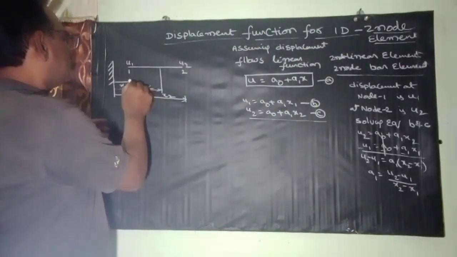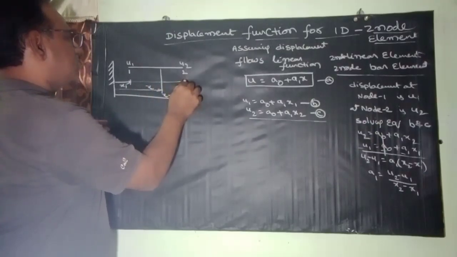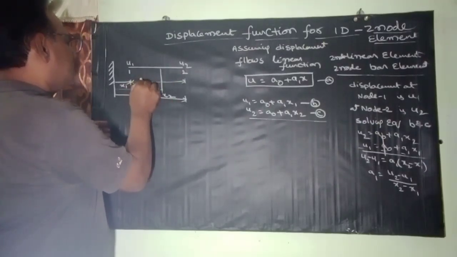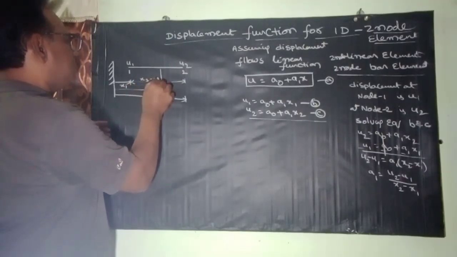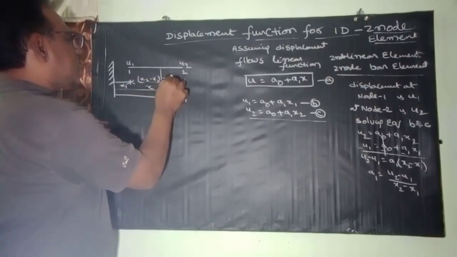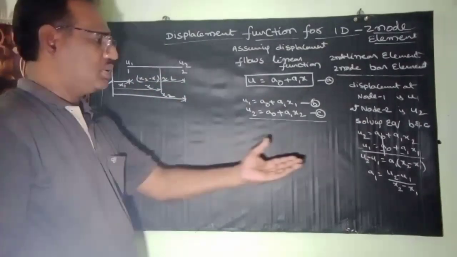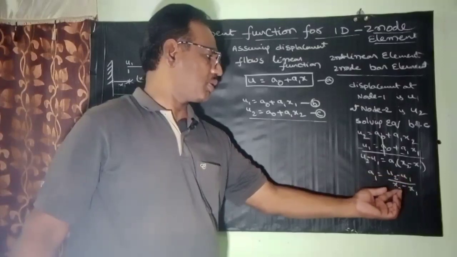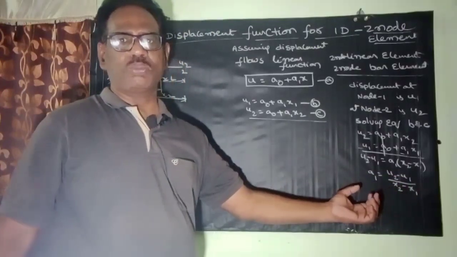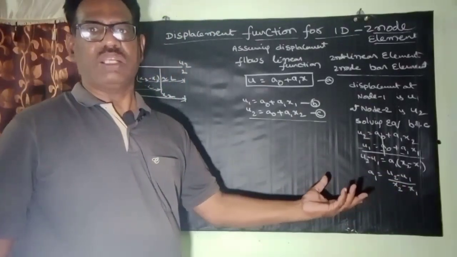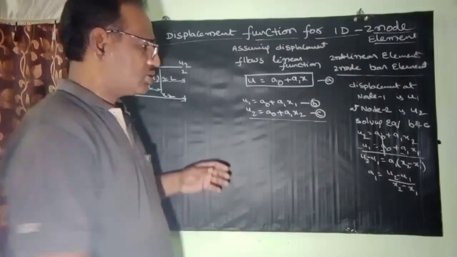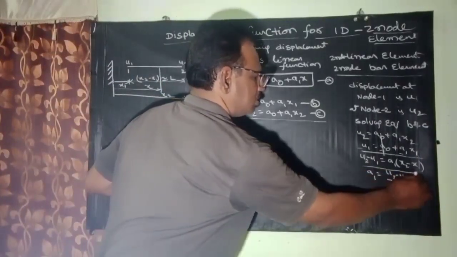Here the difference of x1 and x2 represents the length of the element, so x2 minus x1 we can consider almost equal to the length. So you can rewrite u2 minus u1 by x2 minus x1, putting the length of the element in place of x2 minus x1. This is a1.